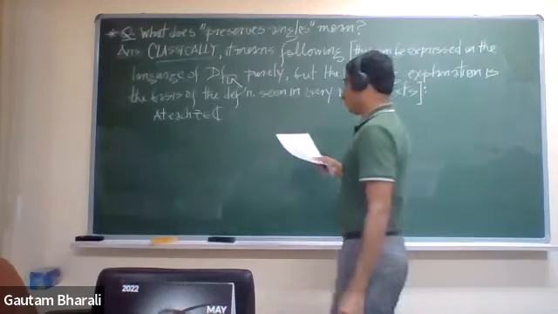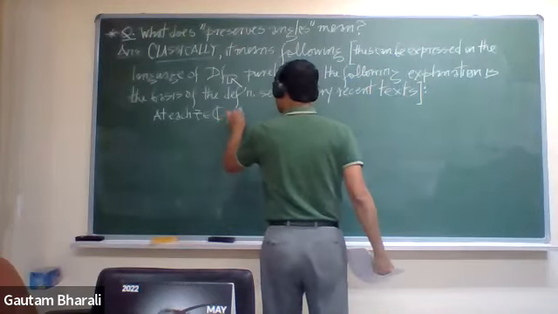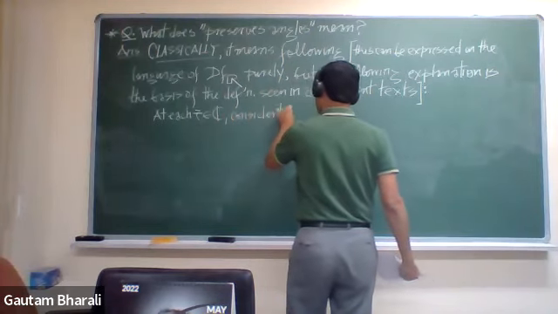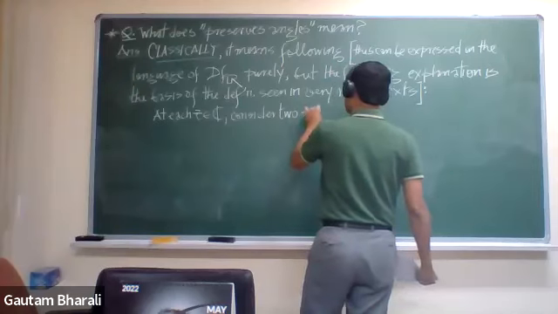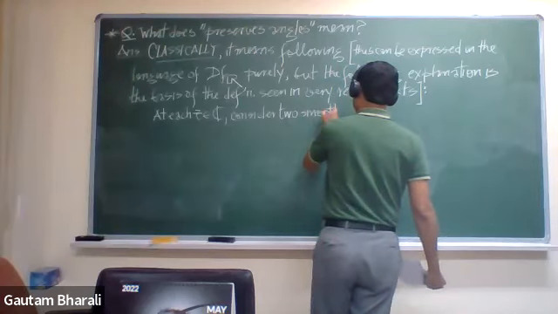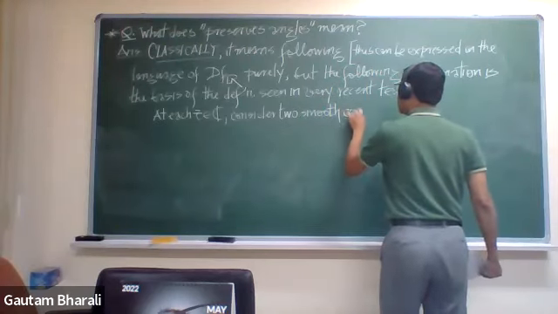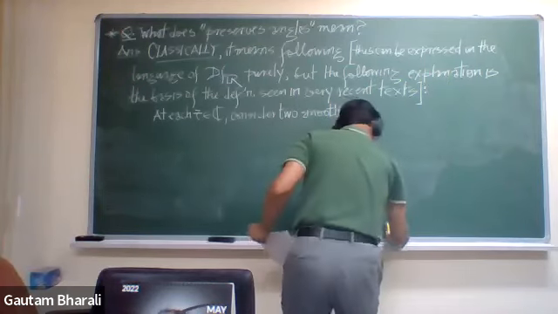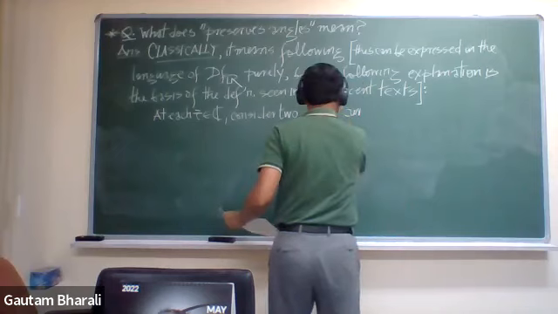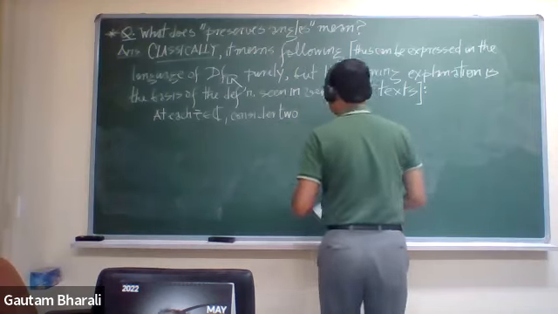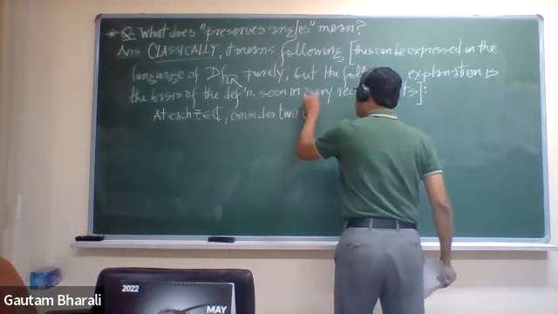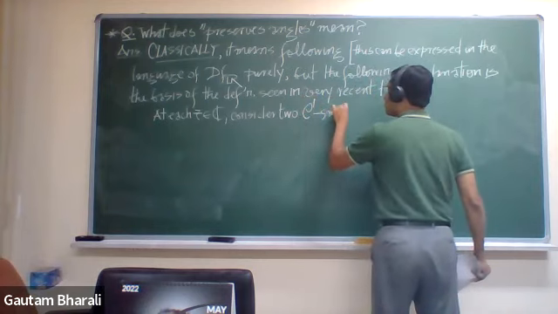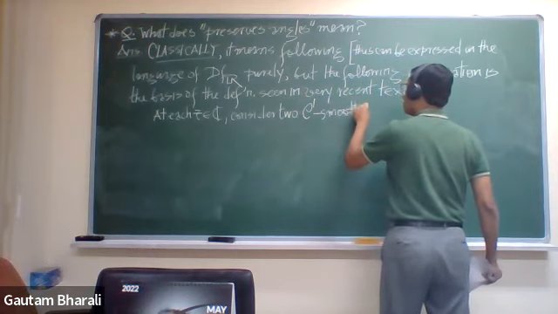So at each Z in C, consider two smooth curves. So when you see the word smooth, a lot of people would start imagining C infinity smooth curves. We don't need that. We just need C1 smooth curves.